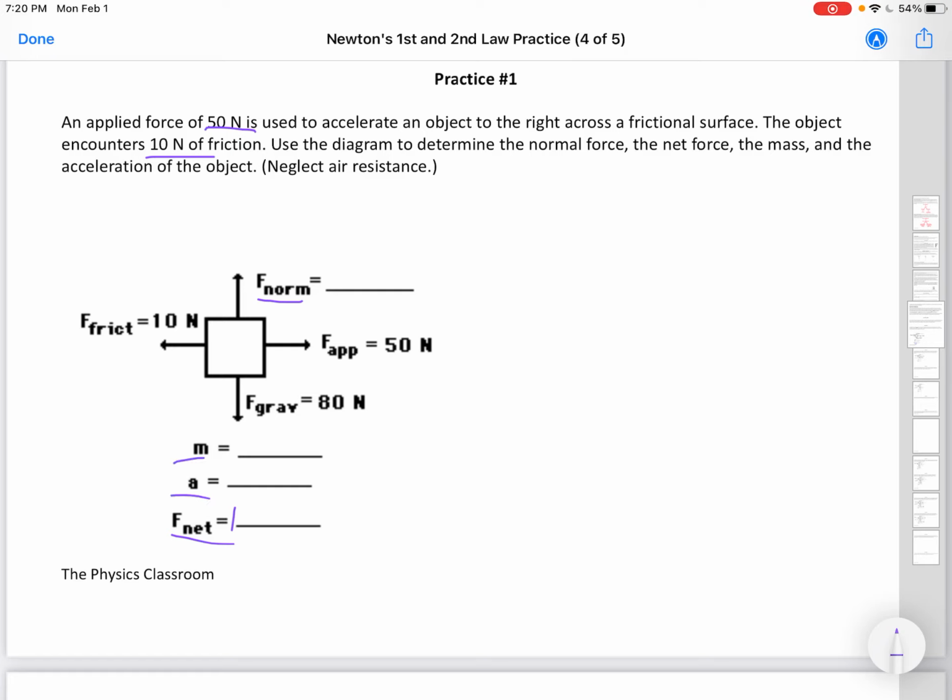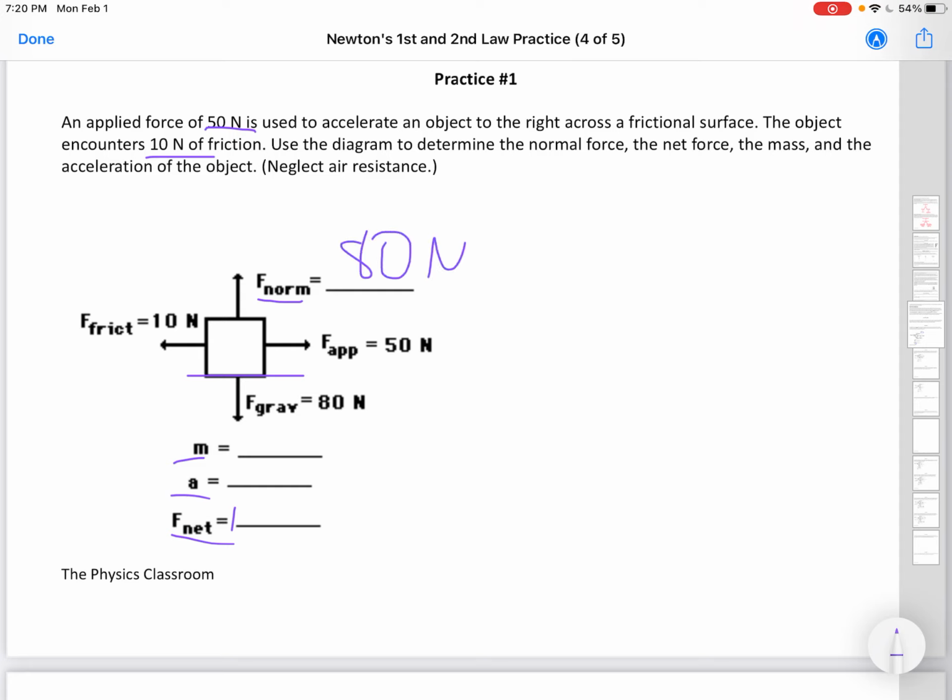Okay, so normal force, remember, is the force that the surface is applying to the object. So the object is pushing down with the force of gravity, that force of 80 newtons. And then because of Newton's third law, every action has an equal and opposite reaction, there's an opposite force that the surface is pushing onto the object.